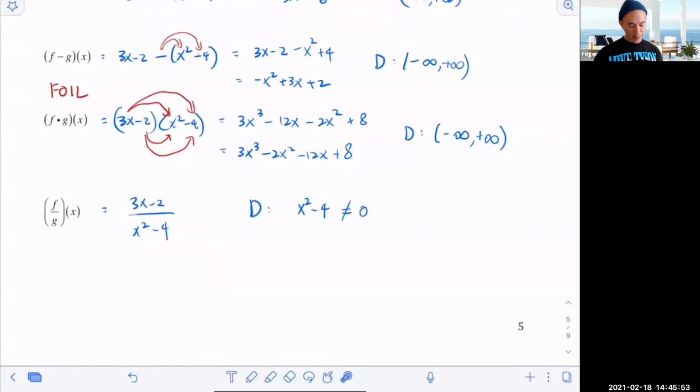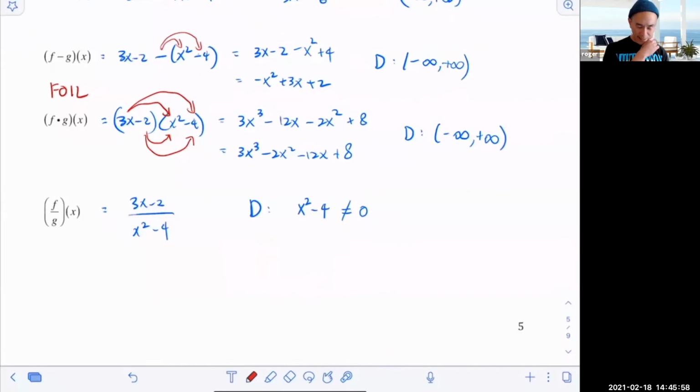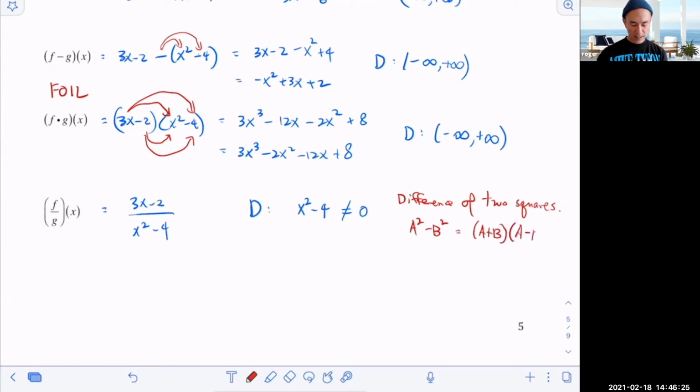So this type of stuff happens a lot, and some students have sort of mastered some stuff, and other students have different scenarios. So when I look at this, I recognize this is a difference of 2 squares. And when you have something like a squared minus b squared, this always factors as a plus b, a minus b, like this.